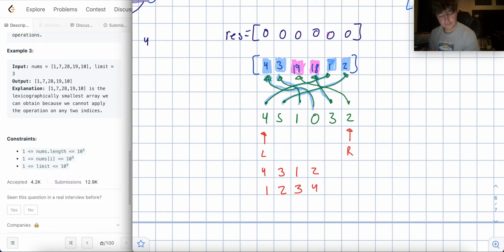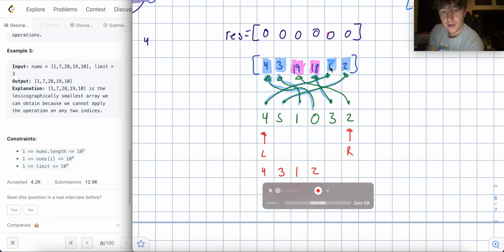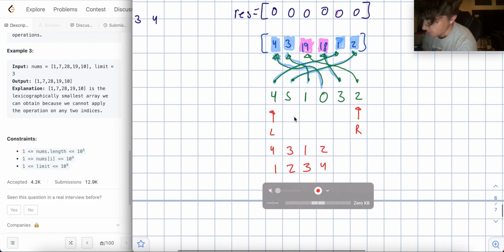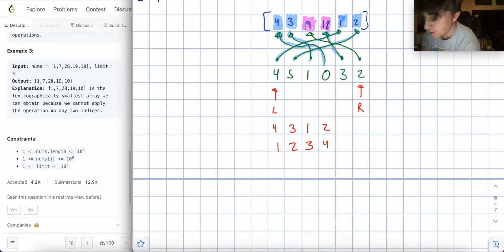Okay, so basically how this works is we have our first group here, which is 1, 2, 3, 4, and it goes into the indices 3, 2, 4, and 5. Wait, no, not 2, 3, 4, 5.